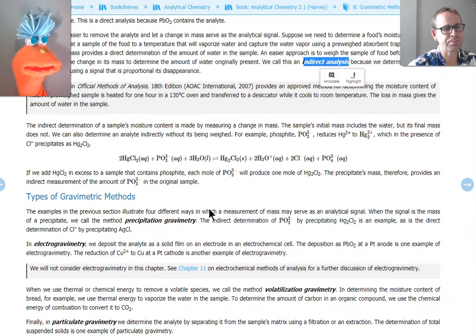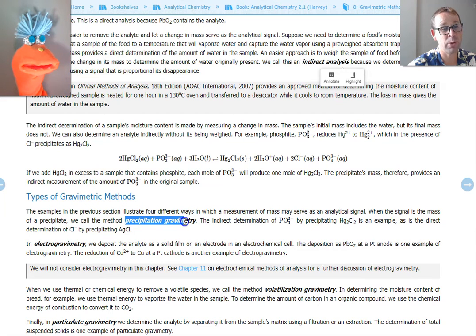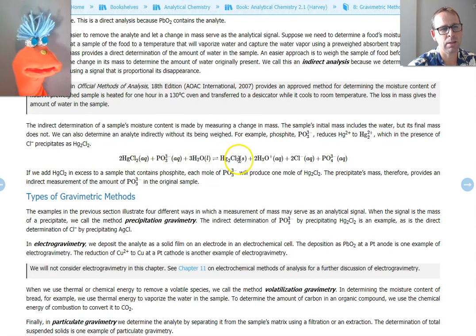Okay? All right. So a precipitation gravimetry method is one in which, again, in this case, we have mercury chloride precipitating, and the concentration of mercury chloride that precipitates is going to relate to the mercury ion.